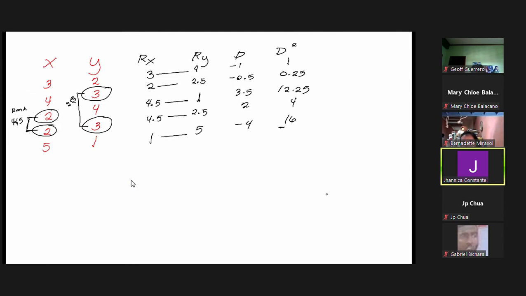So summation of the squared difference between the set of x and y. We have 1 plus 0.25 plus 12.25 plus 20, which is equal to 33.5.